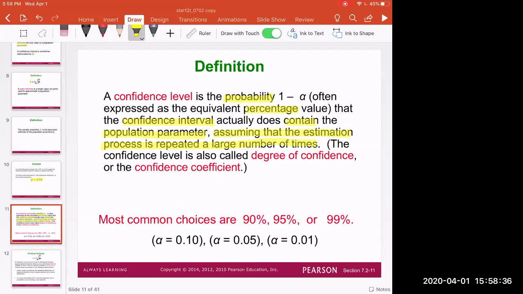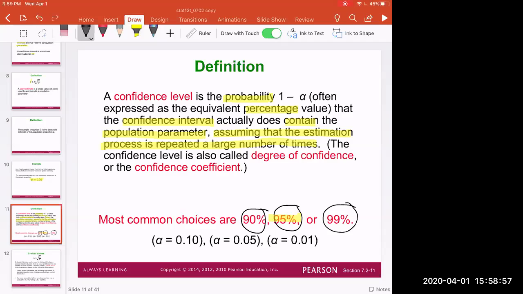Now, the most common choices for confidence levels are 90%, 95%, and 99%. Definitely, I would say that 95% is the most common one for sure. And another thing with this definition is notice each of these does correspond with an alpha level.